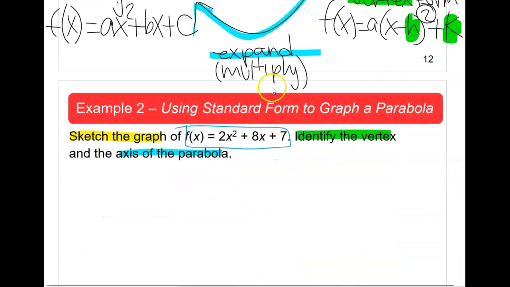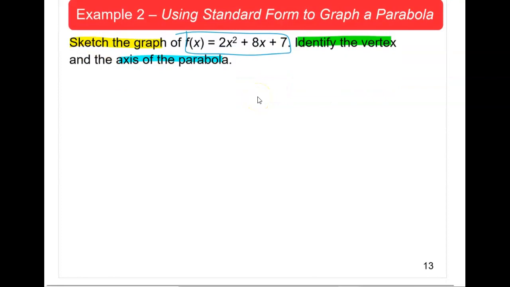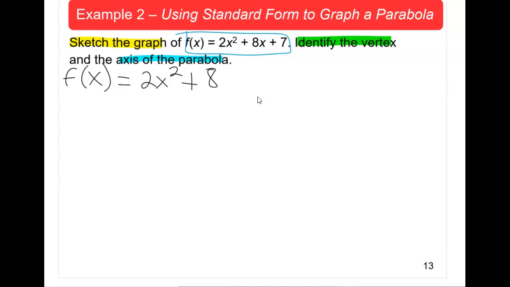So what we do first is I'm going to rewrite the parabola here, but I am going to leave a little space. Actually, what I'm going to do is group these two terms, not really combine them because they're unlike terms. And then I'm still going to have my plus 7 here.